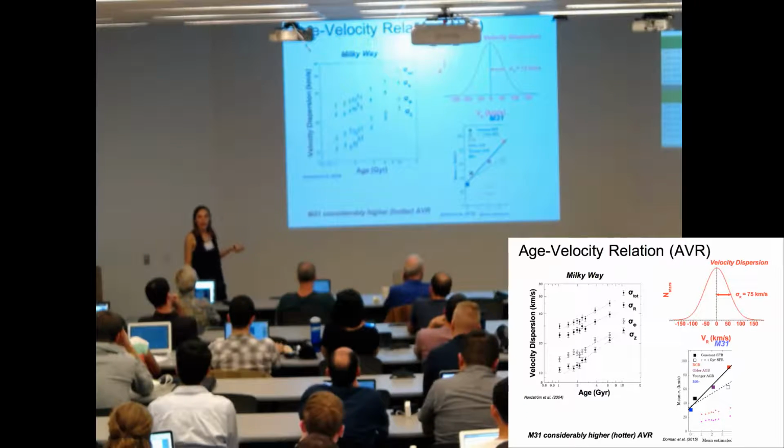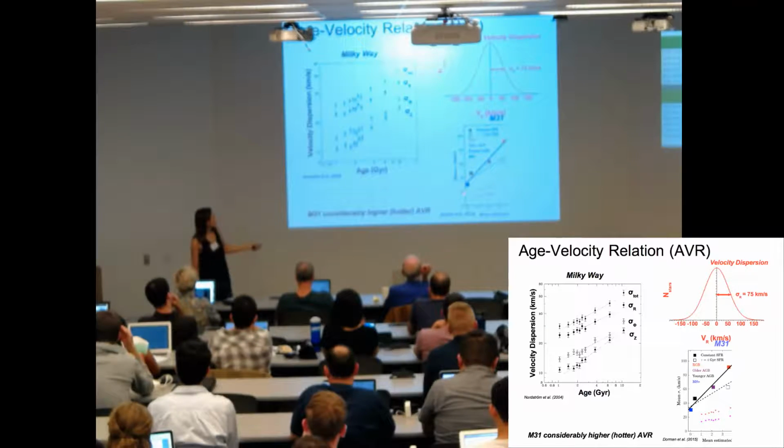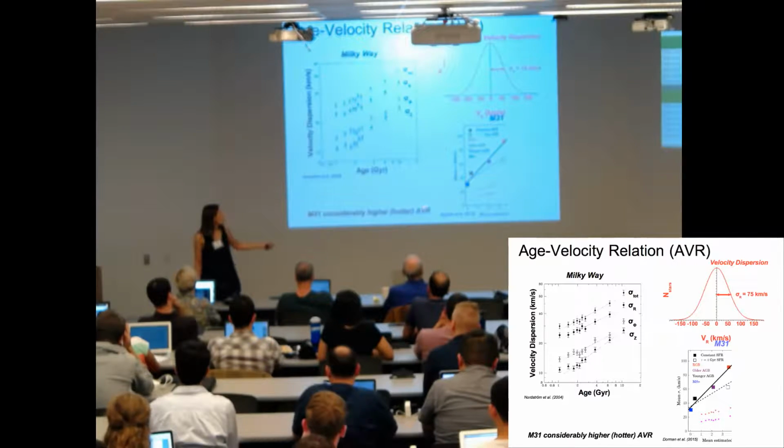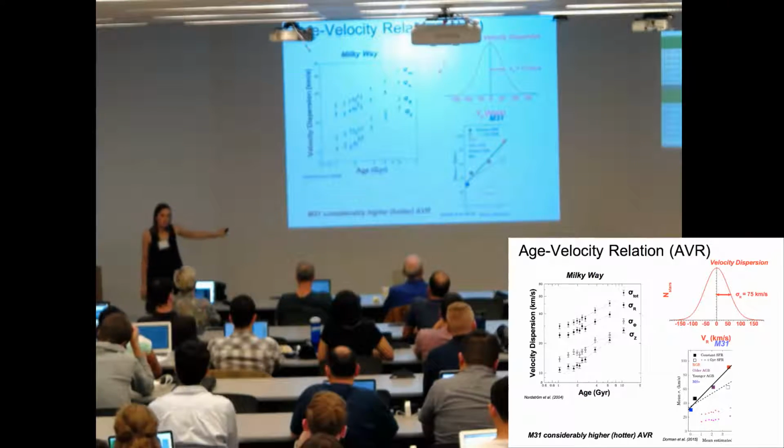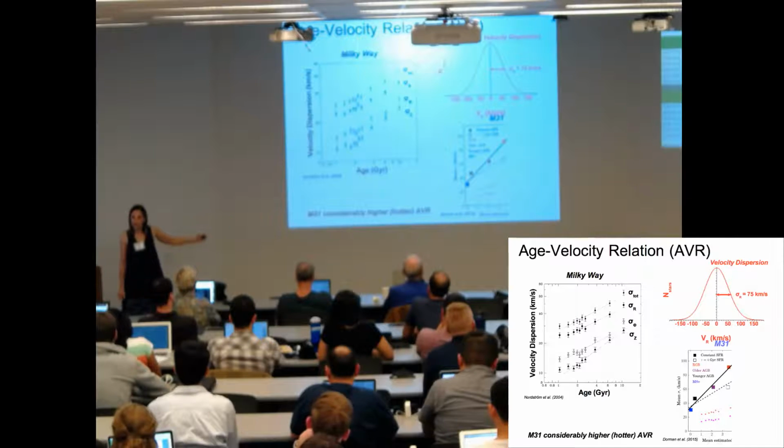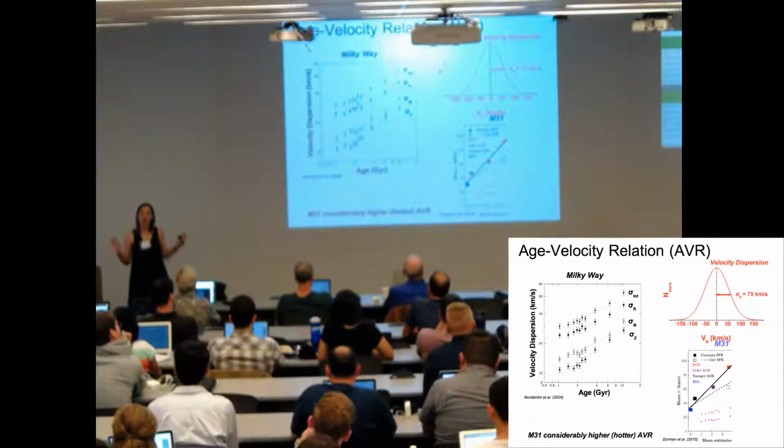What she found was that as a function of age on this axis, the Milky Way data is down here, but the M31 Andromeda data has a much steeper line. That is, M31 has a considerably higher velocity dispersion. It's a much hotter age-velocity relation.